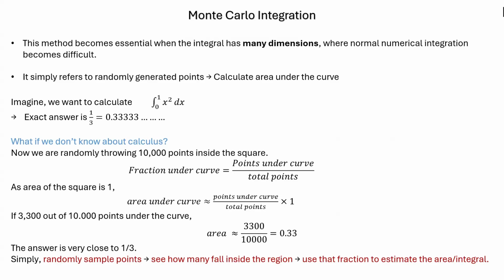It becomes much more complicated. For example, if our integral has many dimensions, numerical integration is very difficult for higher dimensions. So what this integration usually does is it uses randomly generated points and tries to calculate areas under the curve. Let's see how we can do it.